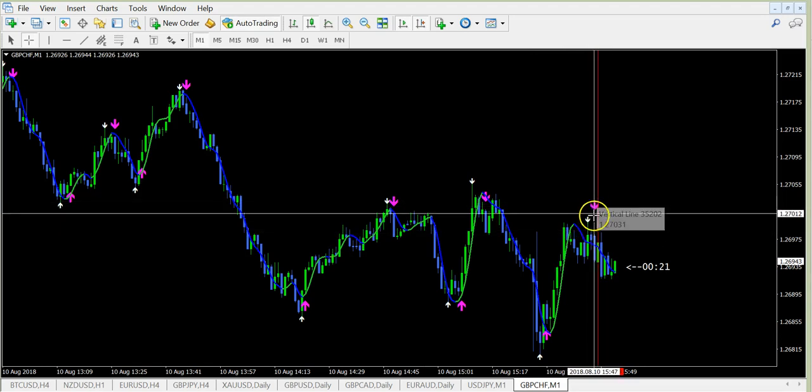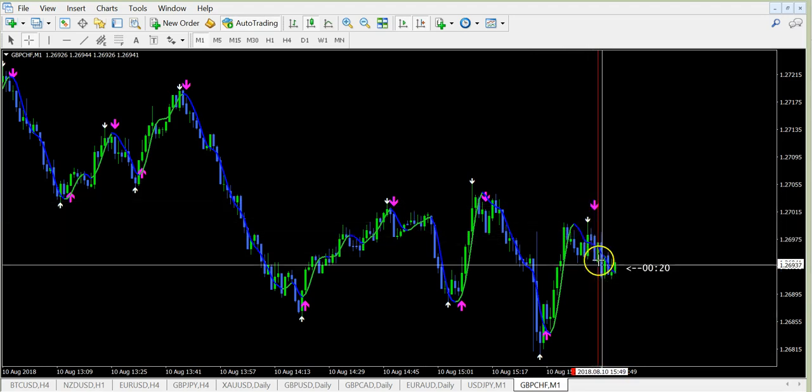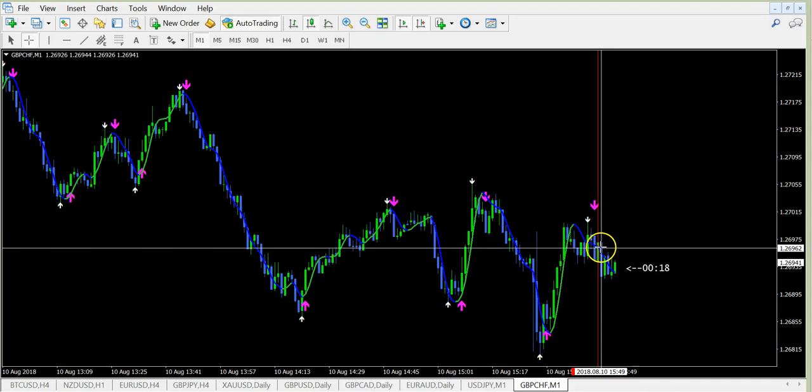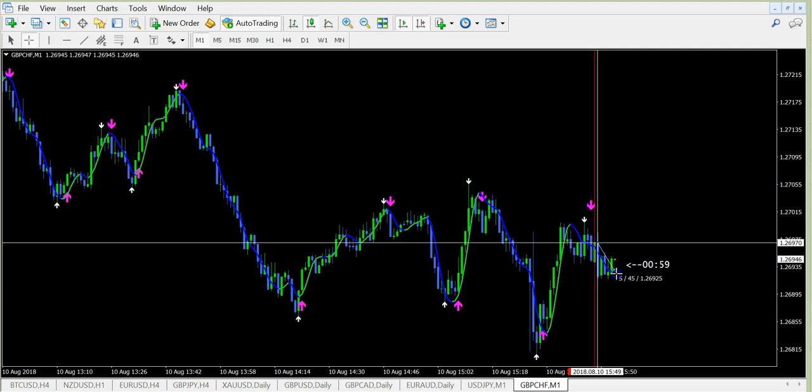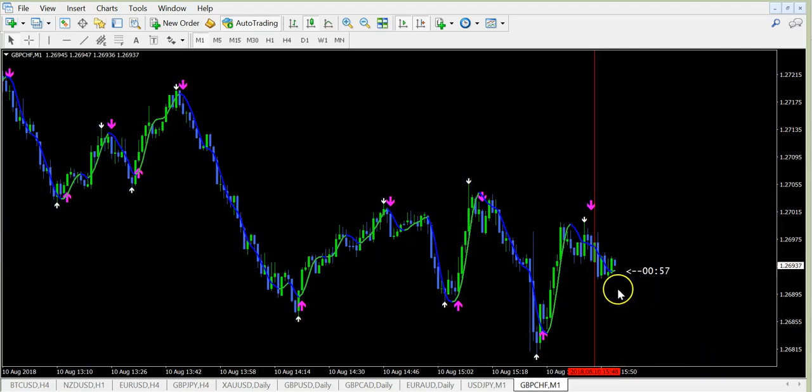You see, we get signal here and wait for the open of this, and now we'll finish in the money with 5 minutes expiry. Only more 5 seconds, I hope. Yes, it was not so big winning, but it was winning. 5 minutes expiry from here, we are in the money.